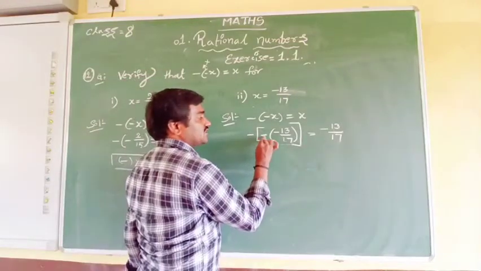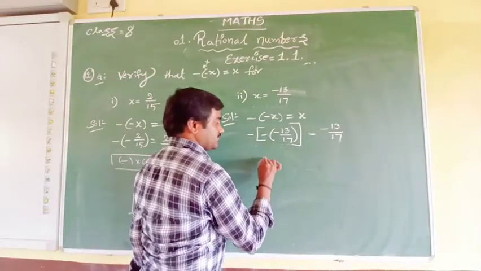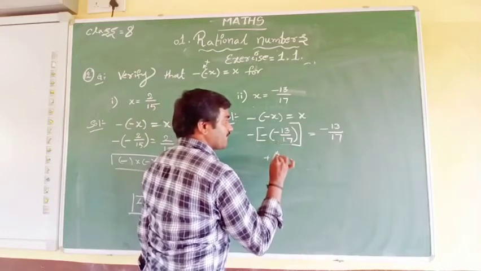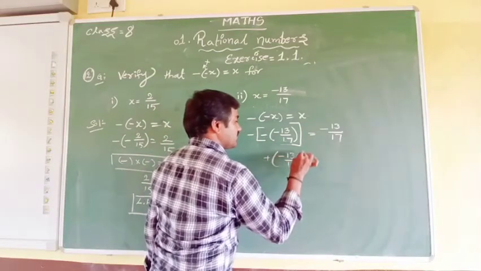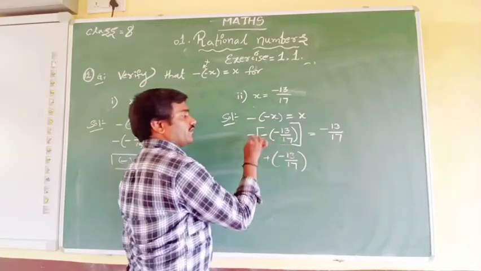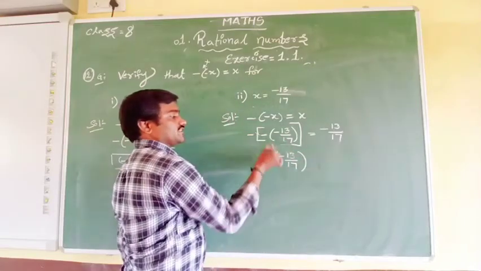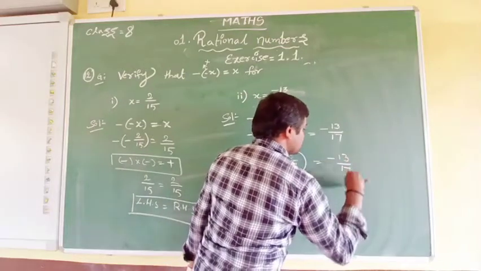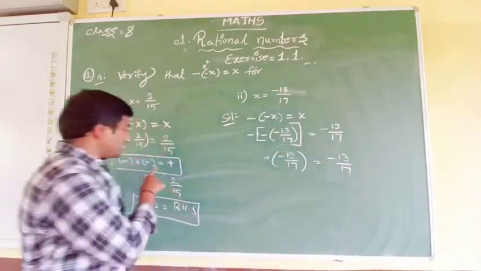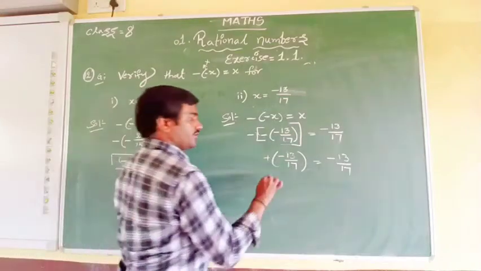Again minus into minus is plus. Let's have minus 13 by 70. This bracket is not required now. Already we multiplied. This minus into minus is plus. That is equal to minus 13 by 70. Once again I am not writing all these things because we know it.